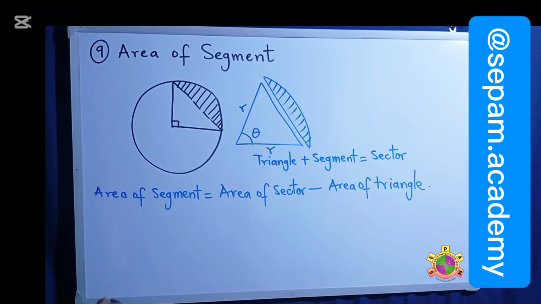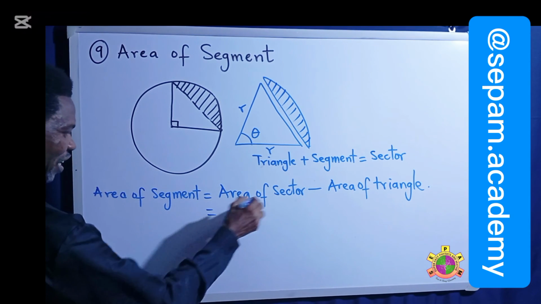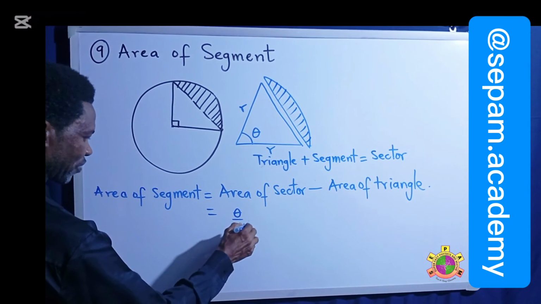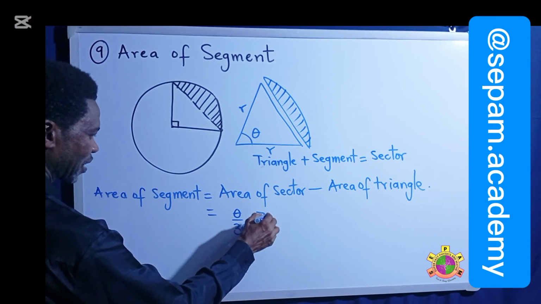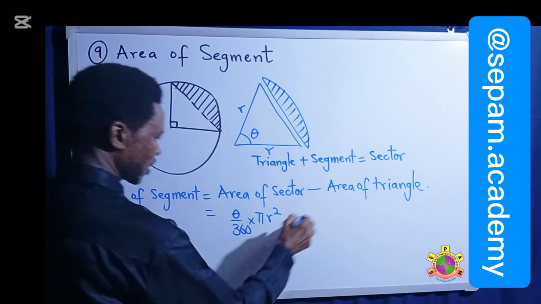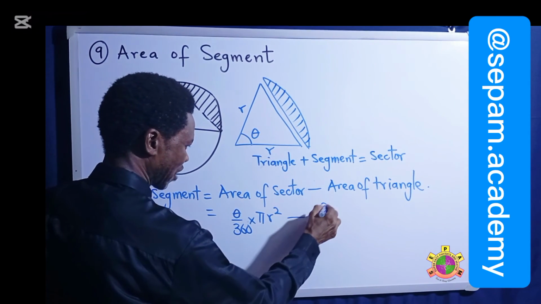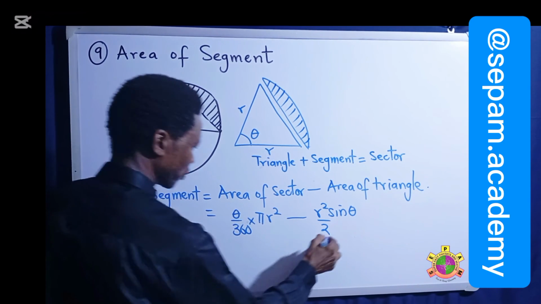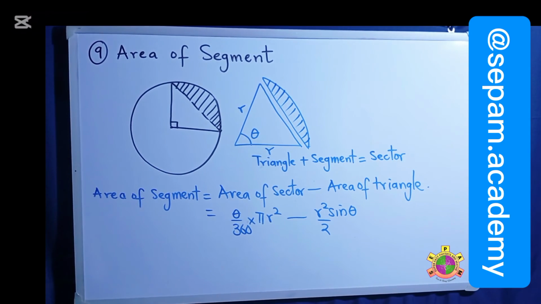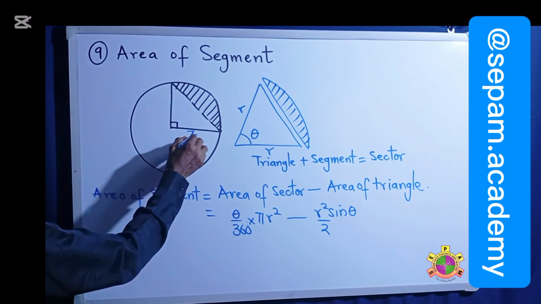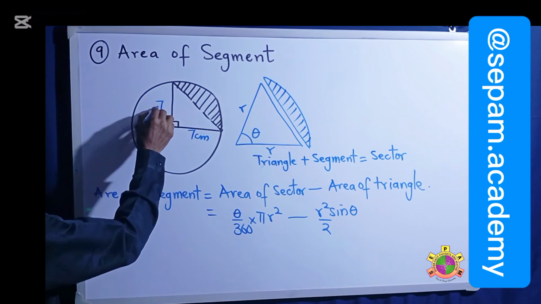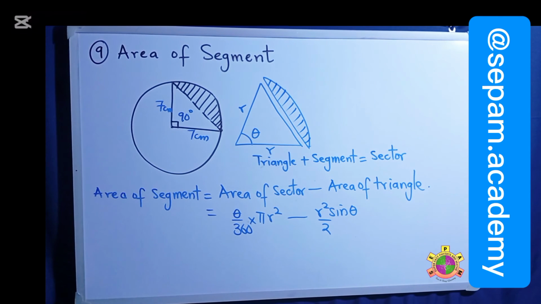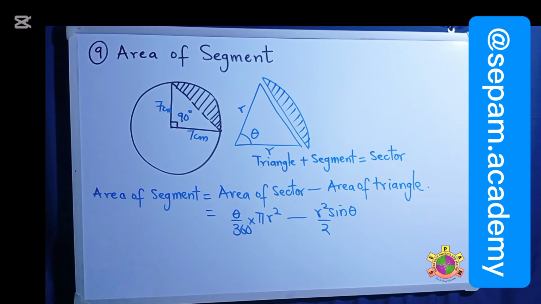Now, what's the formula? Area of sector is theta over 360 times pi r squared, take away the area of the triangle, which is r squared sine theta over 2. So we can use it. Let's assume this is 7 cm, this is 7 cm, and here is an angle of 90 degrees. So what is the area of this segment?